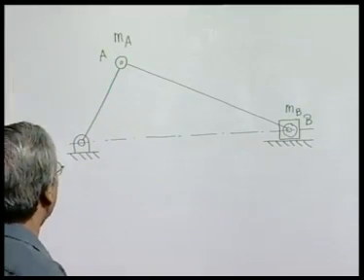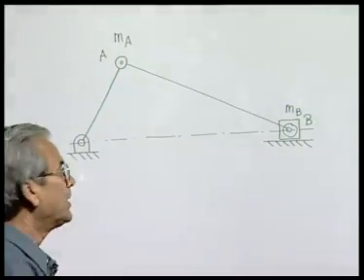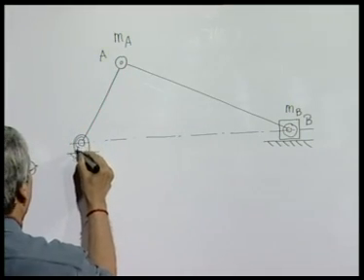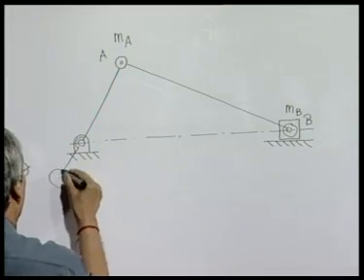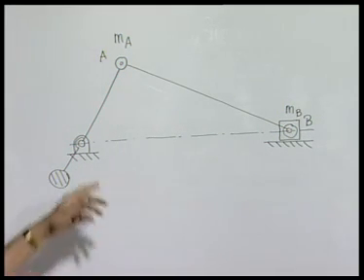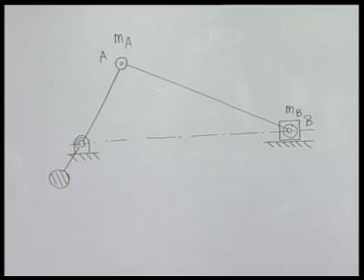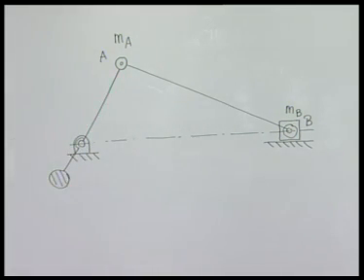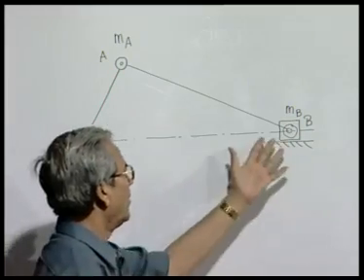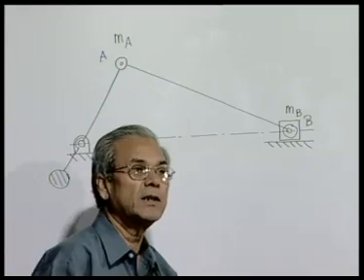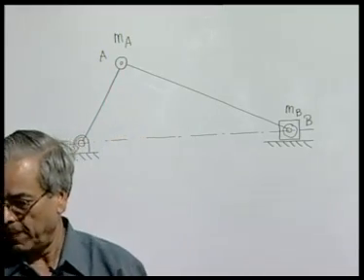One part is a purely rotating object which can be easily balanced by providing a counterbalance opposite to the crank. And once that is done, what remains is only this mass or slider which is executing a reciprocating motion.